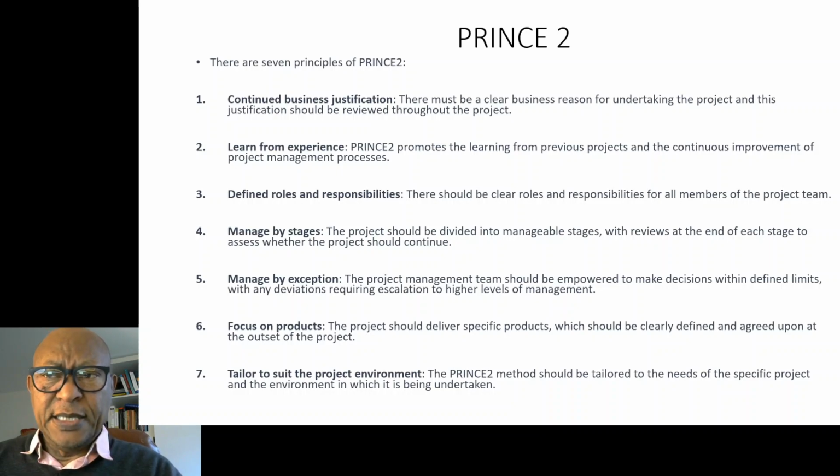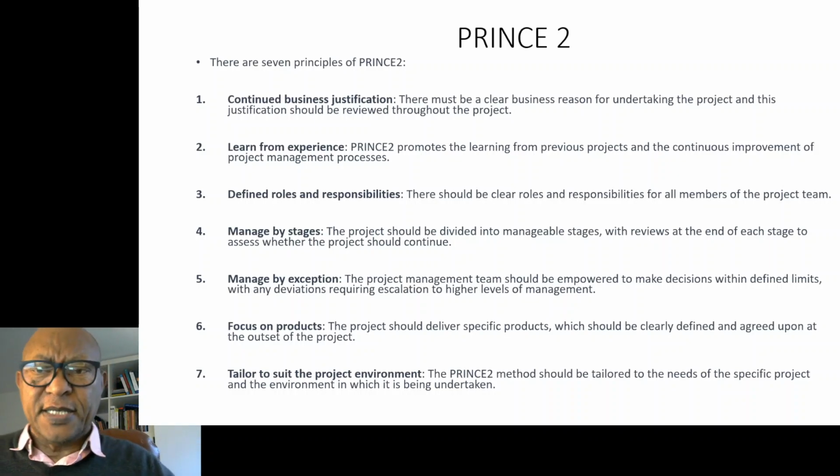The second one is learn from experience. In Prince2, once you have completed the project, you document your experience, your reflection, and your methods to produce that product or services. You question whether that is the best method, the best tool which you have used. Can that be improved? Once you have documented that, you produce what we call a knowledge base.